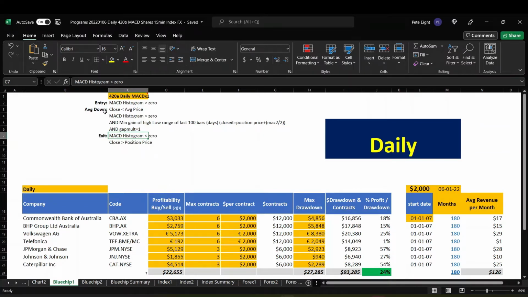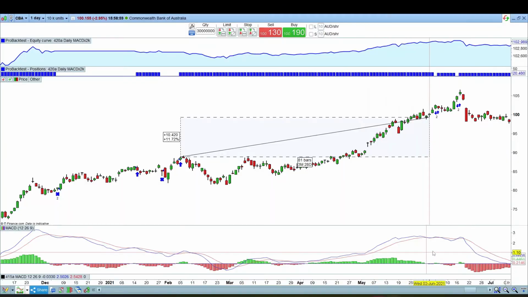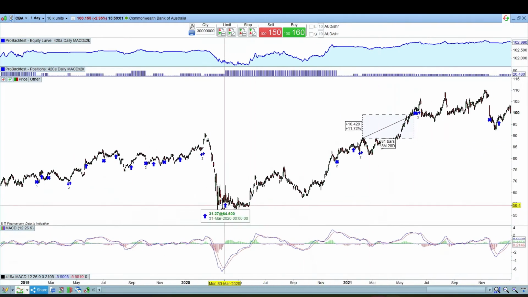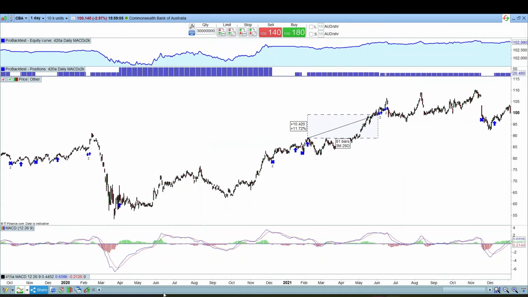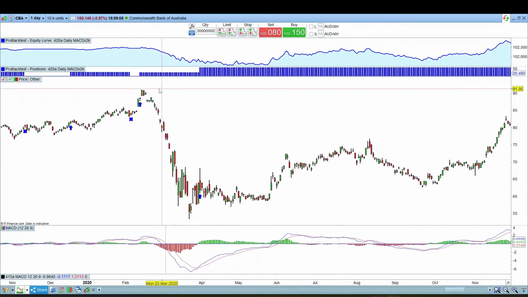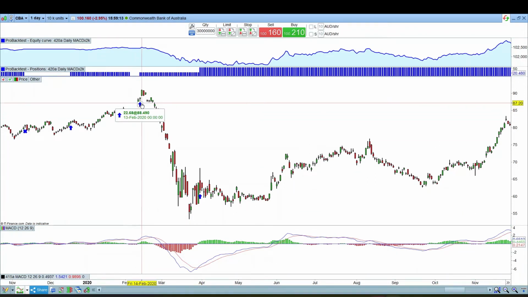Now, in terms of the average down approach, the entry and the exit are the same. Let's look at an example of the average down approach. Let's look at this little trade here. This happened during the start of COVID. Up here, just before the COVID outbreak, at the start of 2020, you can see there, 13th of February, we enter the trade.